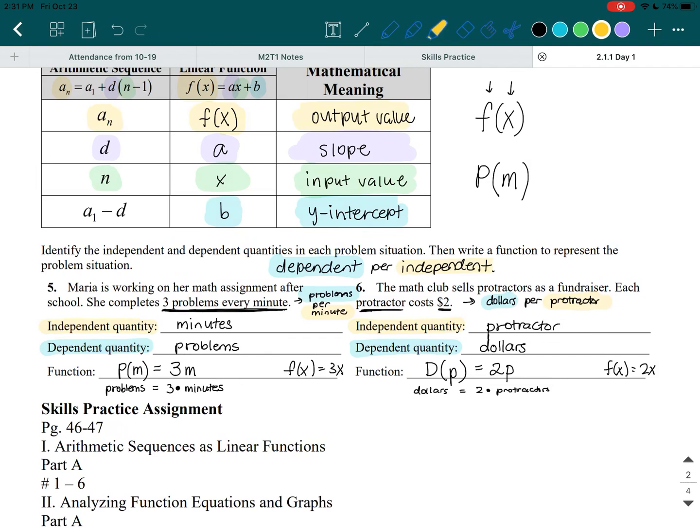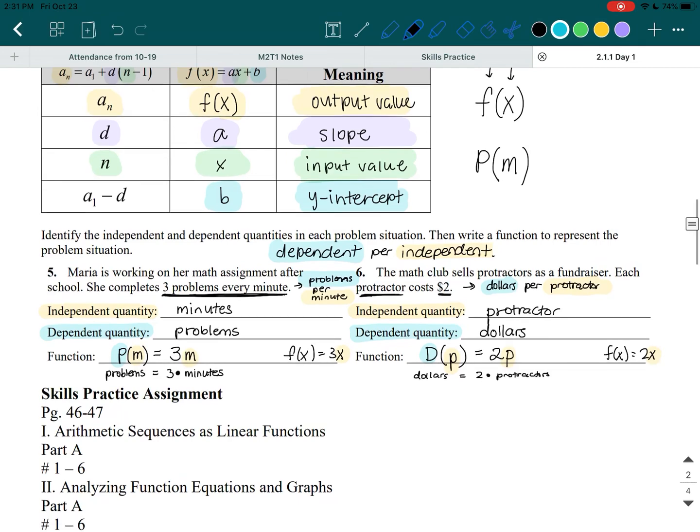Okay, actually I'm going to highlight that in the same color as the independent quantity so you know. X is the independent quantity, and so P is our independent quantity here. M is our independent quantity here. Okay, and then similarly, let me highlight the dependent quantity. There we go. All right, so this is how you would write our functions for these types of problems.